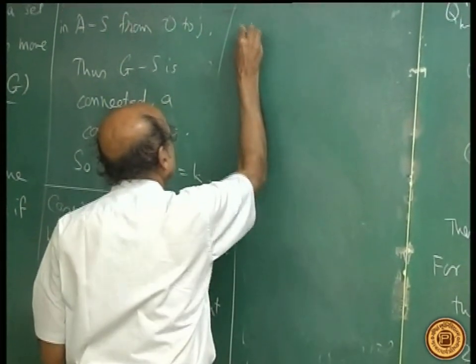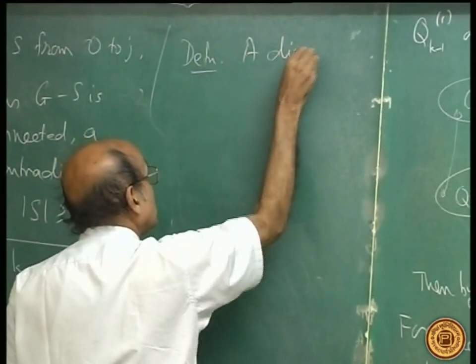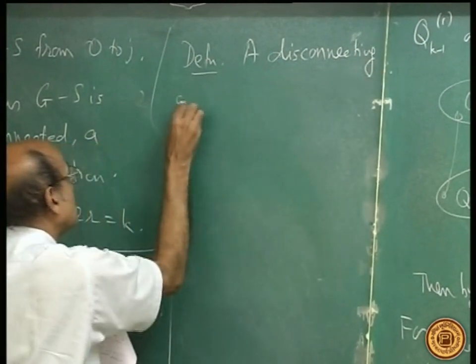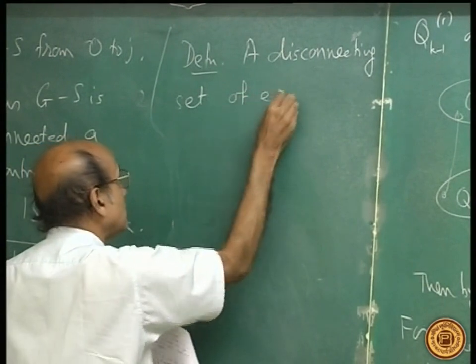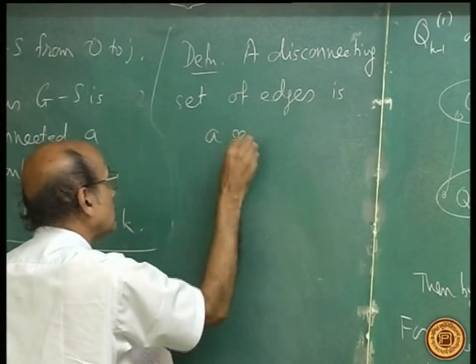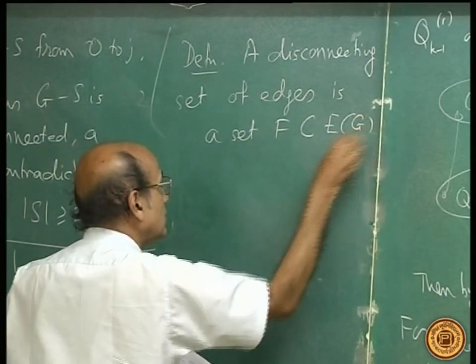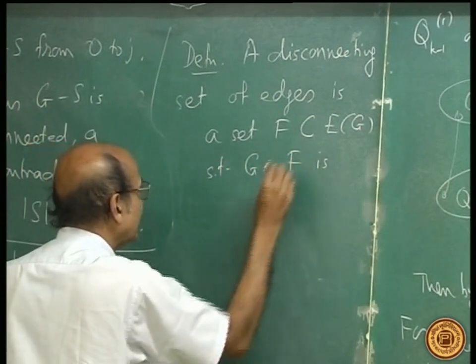Definition: disconnecting set of edges, F, such that G with F removed is disconnected.